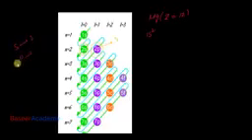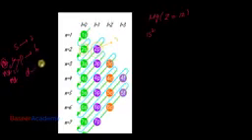P subshell, we know that P splits into 3 orbitals, Px, Py, Pz, and each orbital can have a maximum of 2 electrons. So 2, 2, 2, 6 electrons. P can have a maximum of 6 electrons. And we know that D has a maximum of 10 electrons. Why?